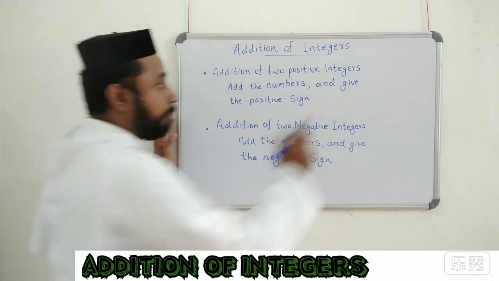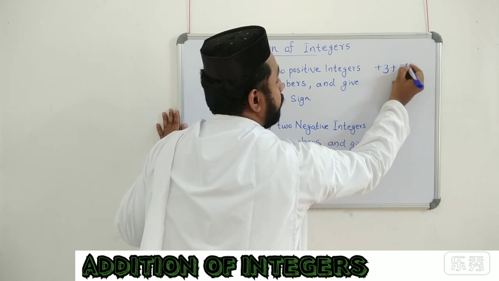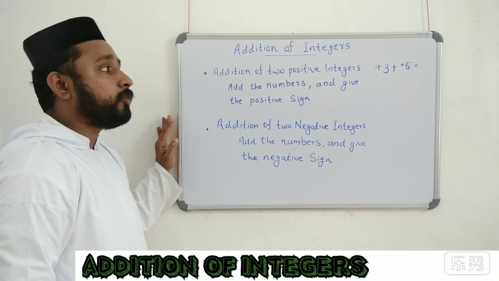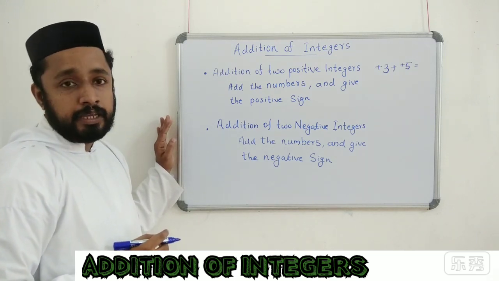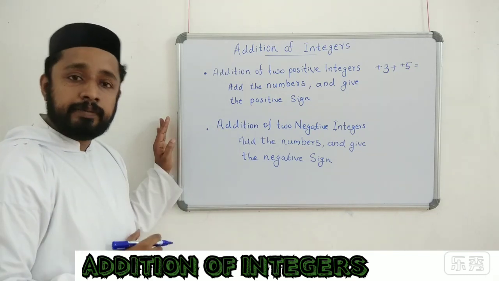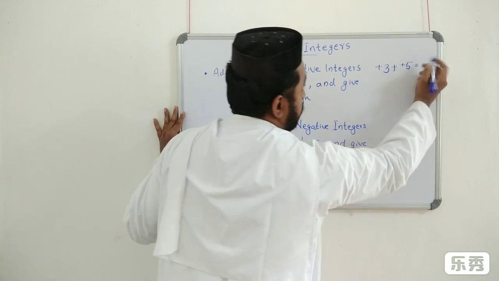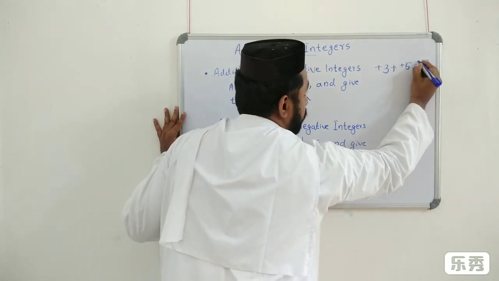For example, we have to add plus 3 and plus 5. Both are positive integers, so we just add the numbers and give the positive sign. Plus 3 plus 5 is equal to 3 plus 5, which is 8, and give the positive sign.